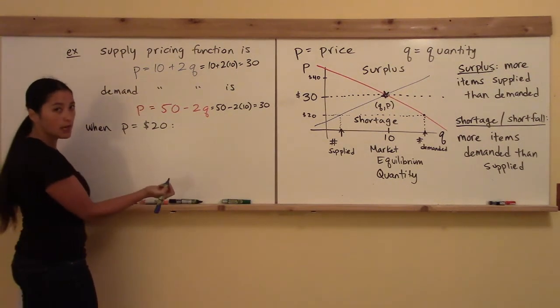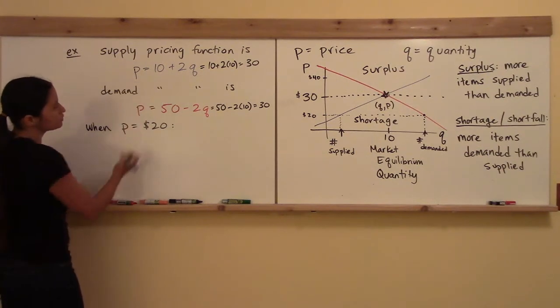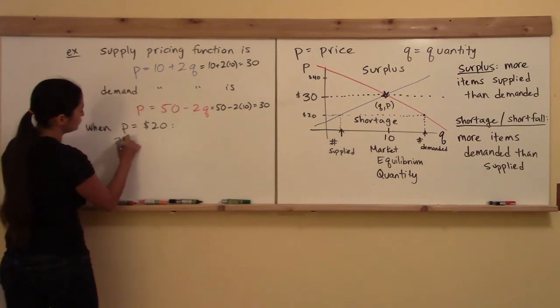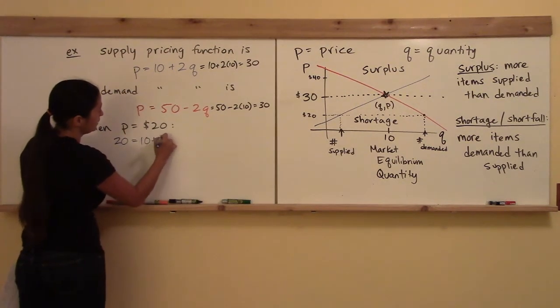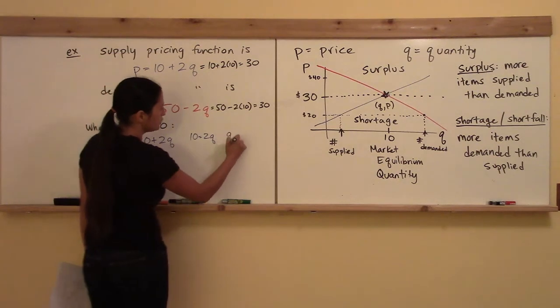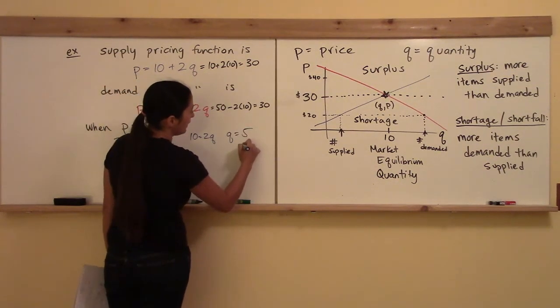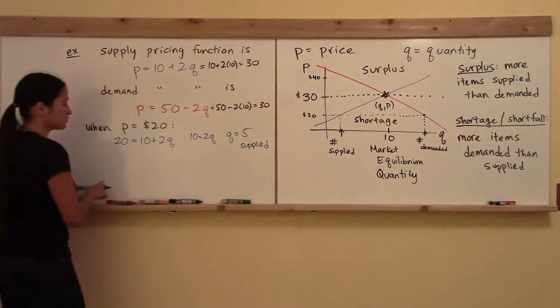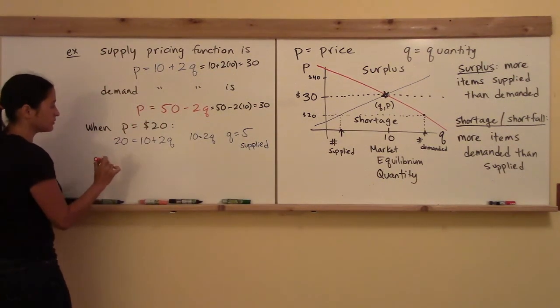How many are supplied? I plug it into this equation and solve for Q, the quantity supplied. So $20 is equal to 10 plus 2Q. 10 is equal to 2Q. Q is equal to 5, and that is the number of items supplied. Five items are supplied at that price.